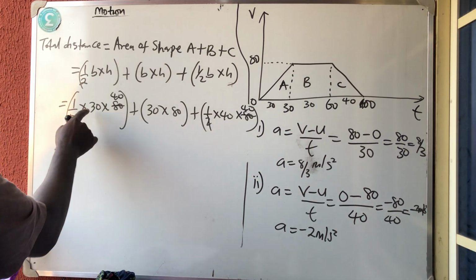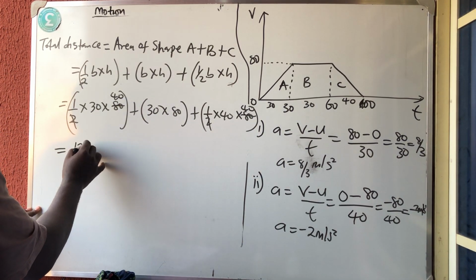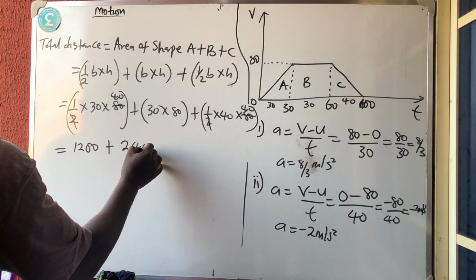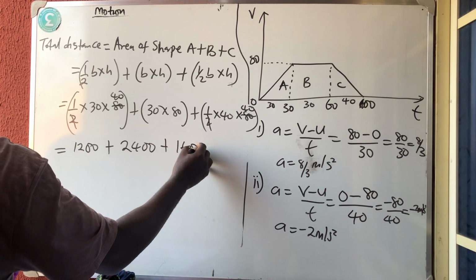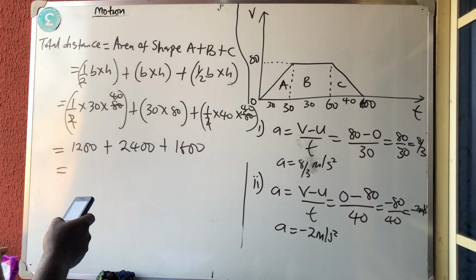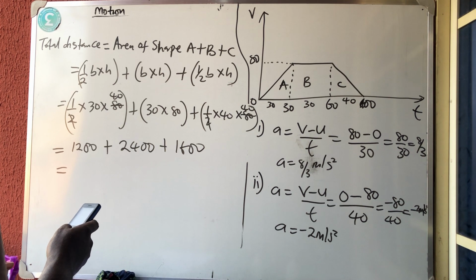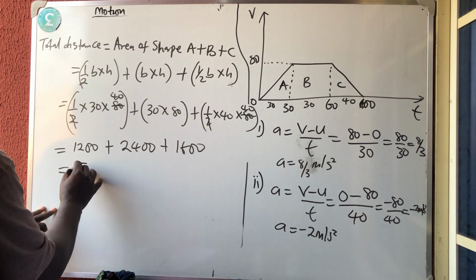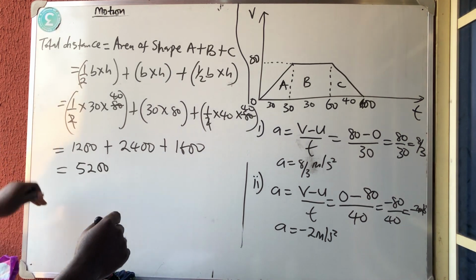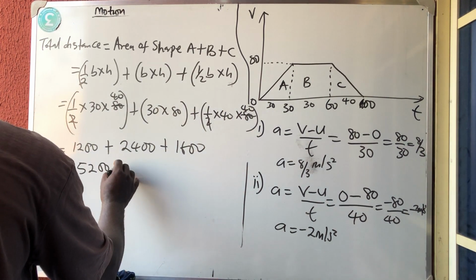So what do I have? 1200 plus 2400 plus 1600. So what do I have now? 12 plus 24 plus 16, so I'm having 52. 5200 in meters.